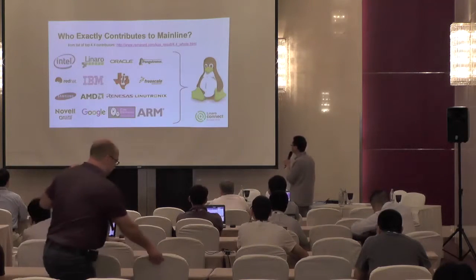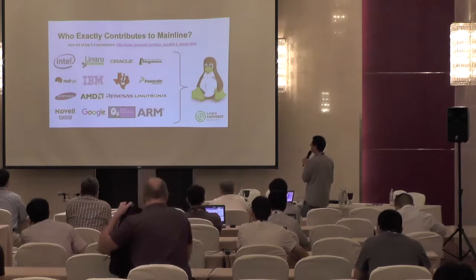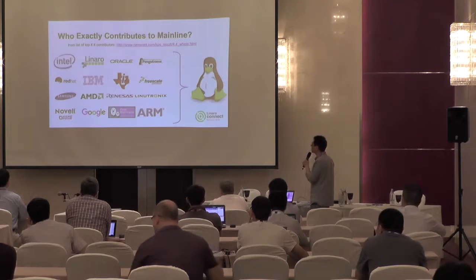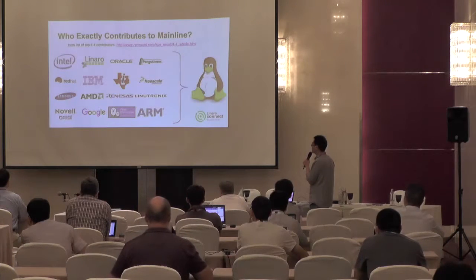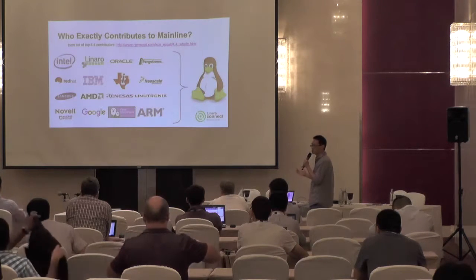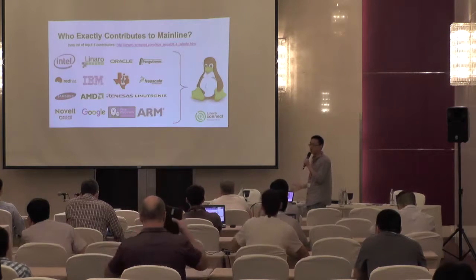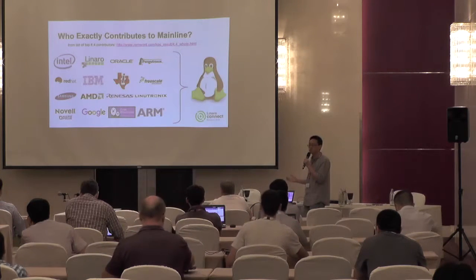If we access this link, we can get to know who contributes to the mainline. On this page, we can see there are many companies that contribute to the mainline kernel, and also many individual developers.